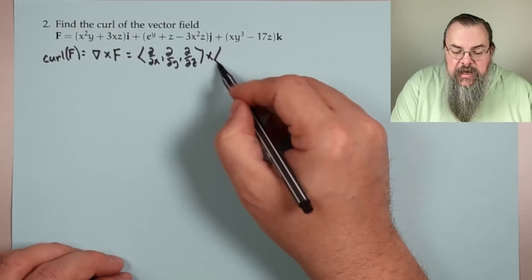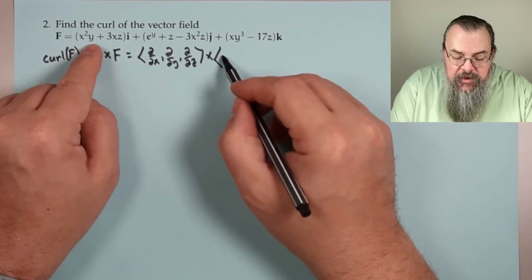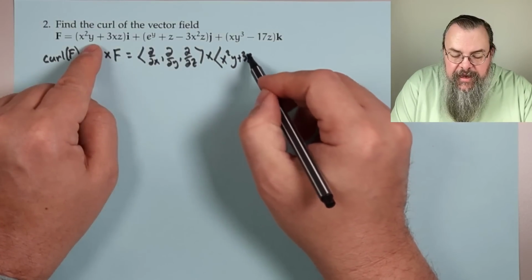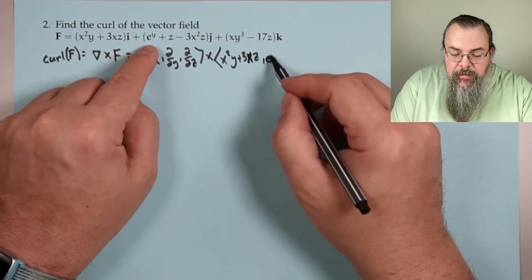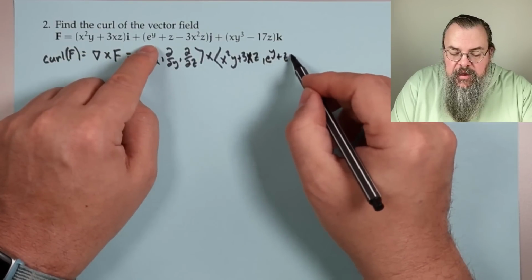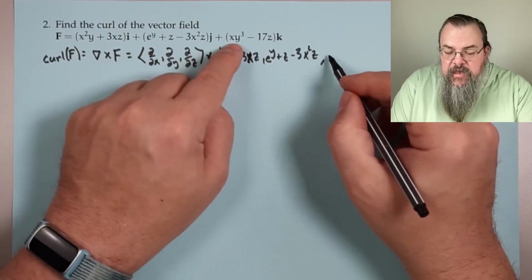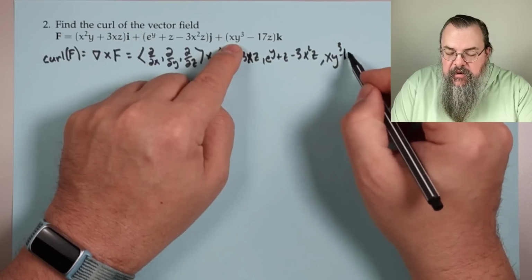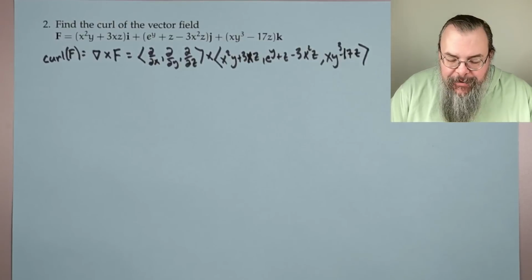Cross, and here I'll put this into component form. So you have your x squared y plus 3xz, comma, e to the y plus z minus 3x squared z, comma, x y cubed minus 17z. All right, there we go.